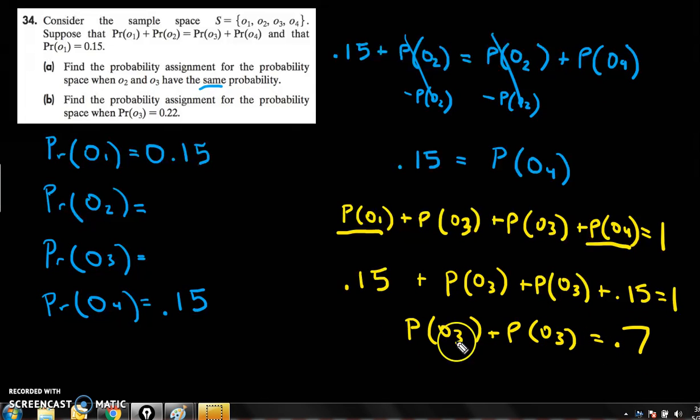And so this, if you got like terms together, you can divide by 2. But even if I didn't get like terms together, you can see I have 2 of the same things adding up to 0.7. So what do those 2 things have to be? Well, they must both be half of 0.7, so 0.35 and 0.35.